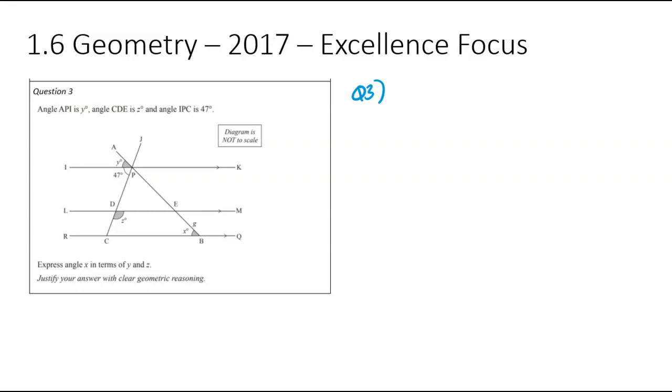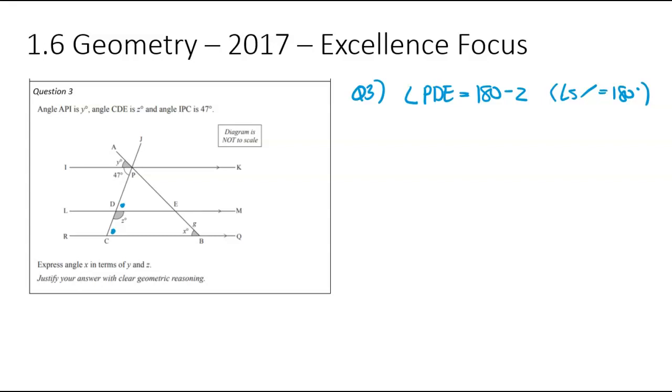So what I'm going to do is start off with looking at this angle here. And that angle there, angle PDE, is going to be equal to 180 degrees minus Z, and that's because angles on a straight line combine to get 180 degrees.